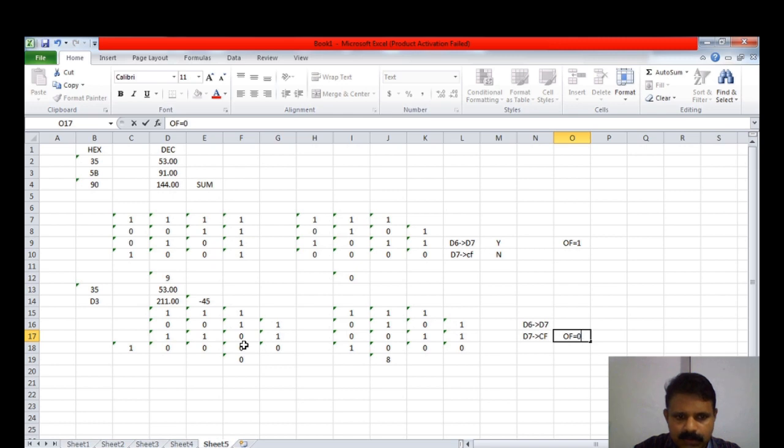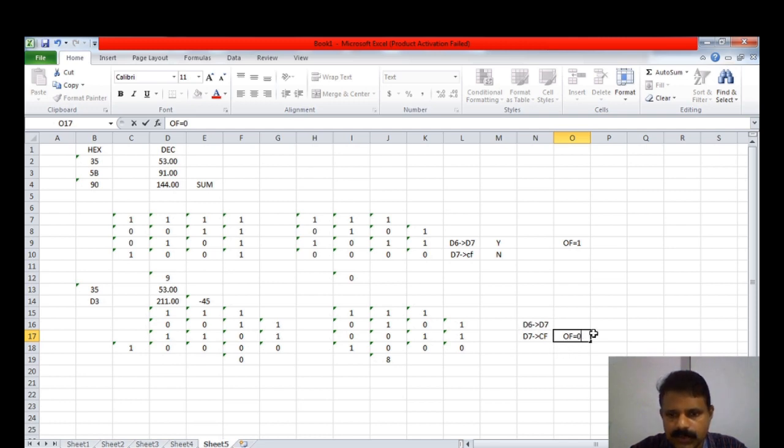Remember, in two's complement subtraction, if a carry occurs, we discard the carry and the remaining pattern represents the result, and it will be a positive number. So here there is no overflow, so OF equals 0.